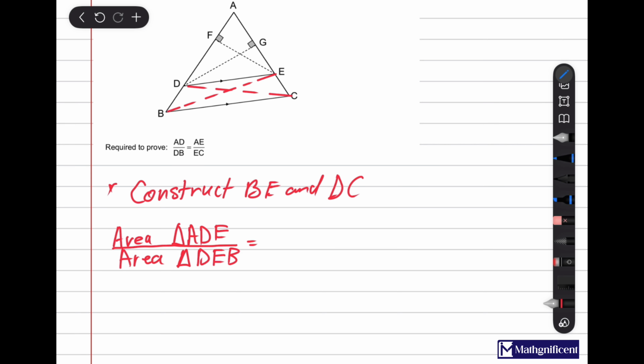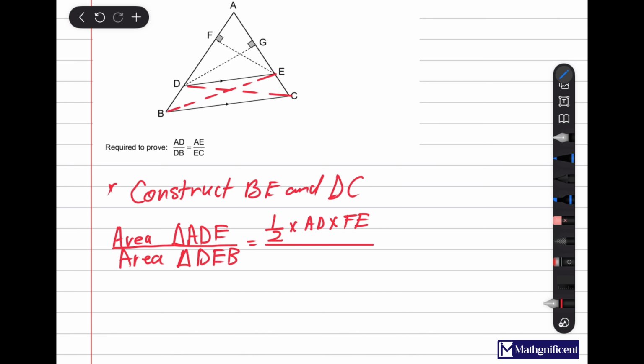Now we want to find the area of triangle ADE. Treating AD as a base, we are going to have half times our base. Our base in this case is going to be AD. Now when we take AD as our base, what is it that we are going to have as our height from triangle ADE? It means that FE is going to be our height. Remember, the height has to be perpendicular to the base, right?